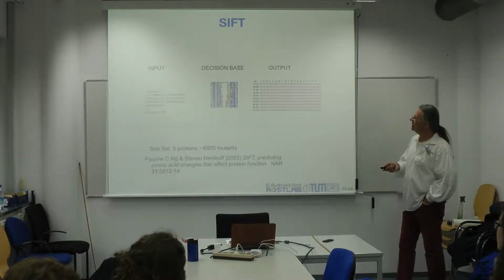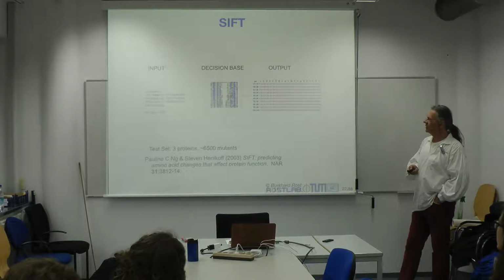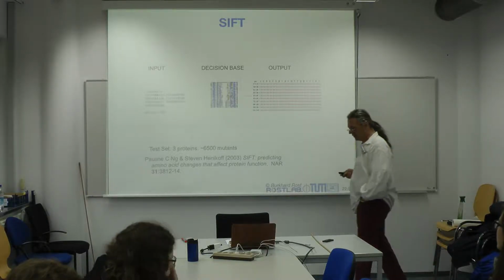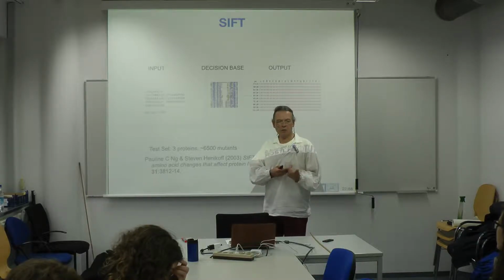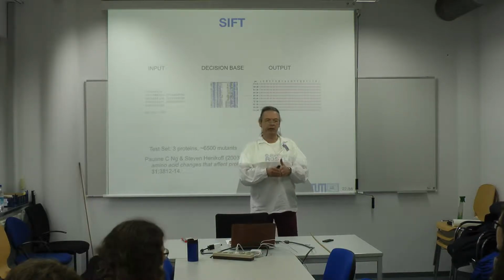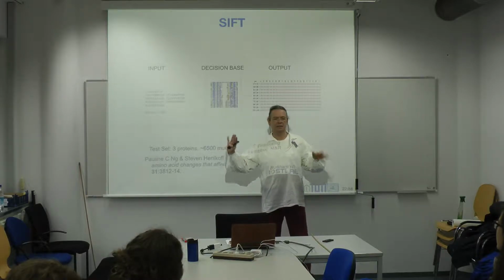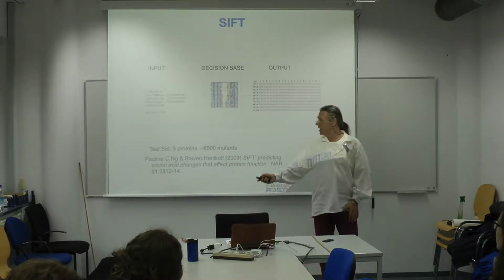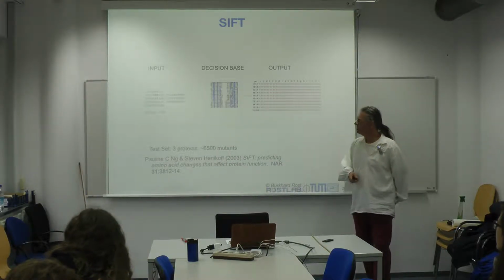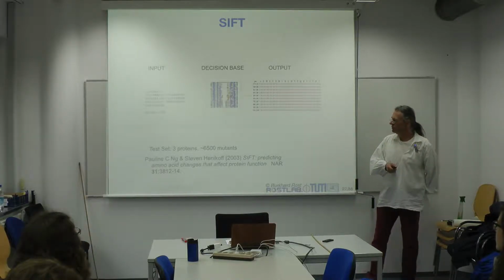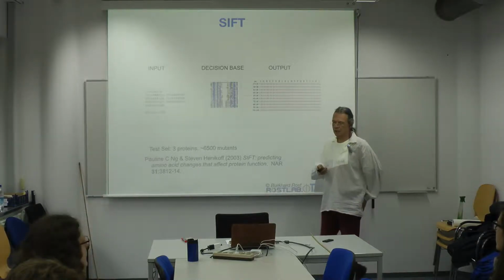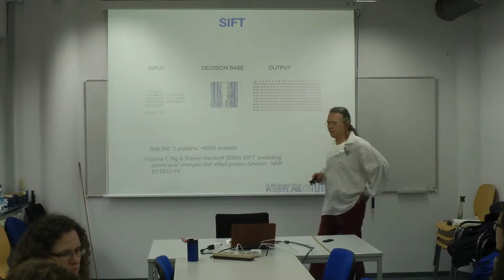And again, the idea, as I already said, is change in biophysical features. In setting up that method, all you need to do is look at the BLOSUM matrix and define a threshold for when you say more or less, and then you establish how well it works. They established how well it works for 3 proteins for which they had about 6,000 mutants in 2003. And that was the first method that was available.